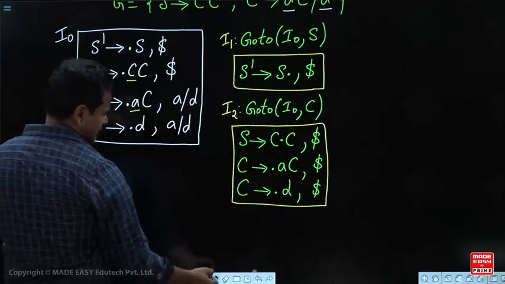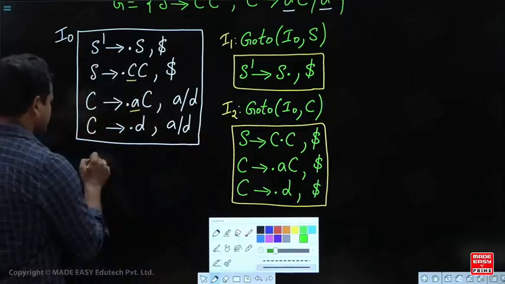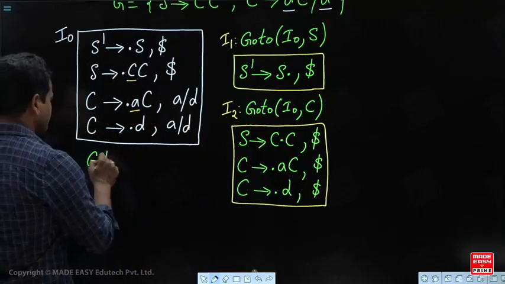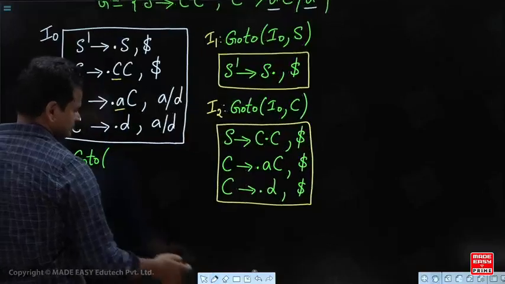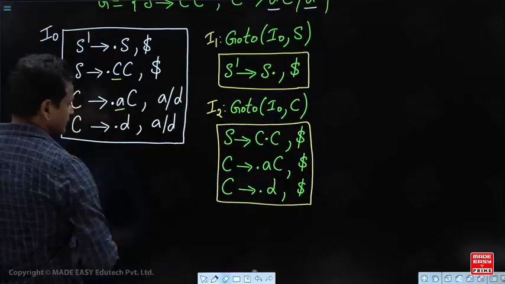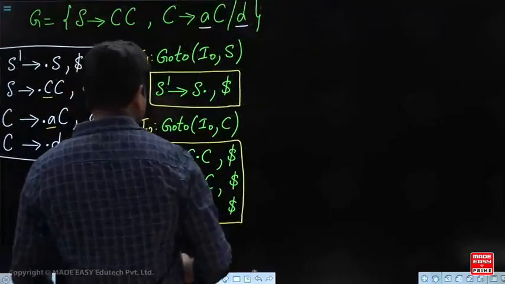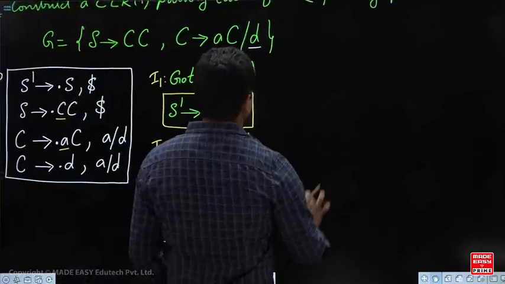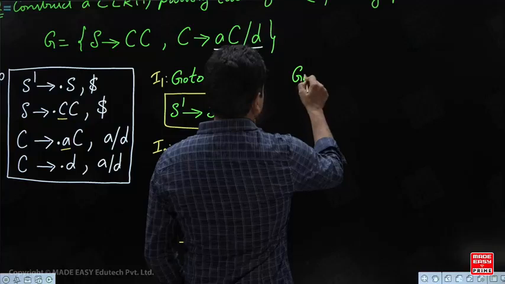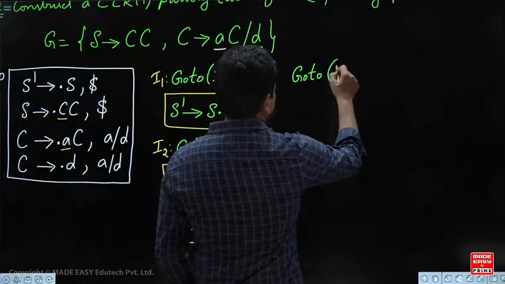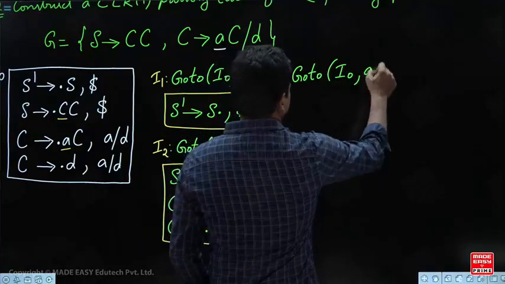Now come to this one. Goto(I0, A), Goto(I0, small a). So go to of I0, I'll write here, Goto(I0, small a).